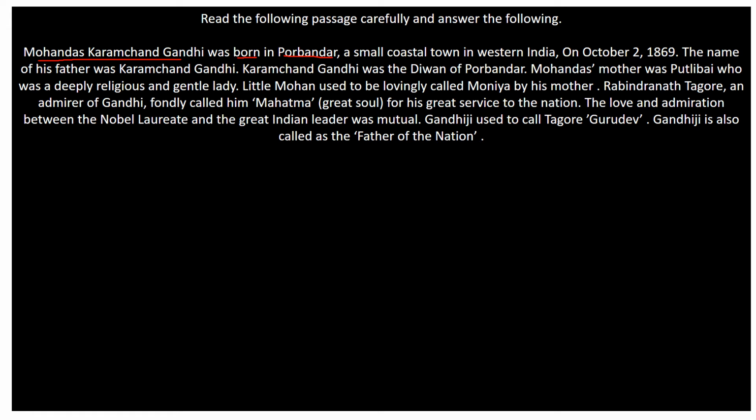A small coastal town in western India on October 2, 1869. This is a date I will mark. Then the name of his father was Karamchand Gandhi. I will mark the name. Then Karamchand Gandhi was the Diwan of Porbandar. I will mark Diwan of Porbandar.